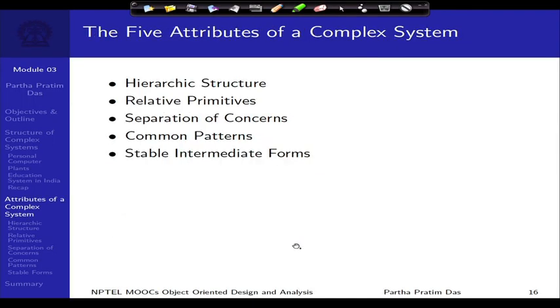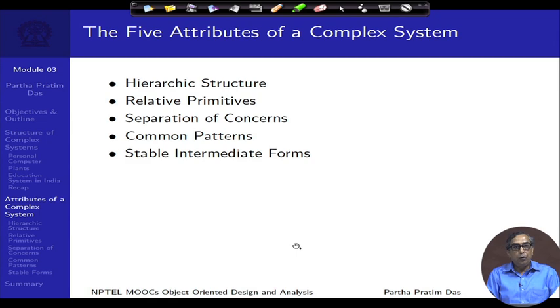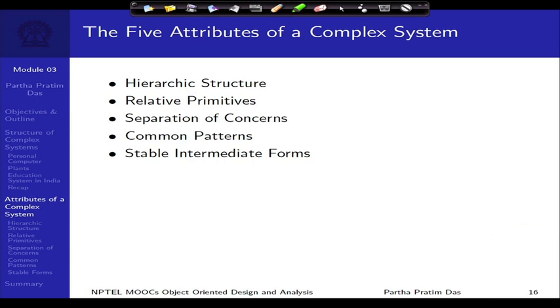With this intention, we go forward to put all these observations in very crisp terms, and this is typically called the 5 attributes of complex systems. Every complex system will have a hierarchic structure, and this hierarchy will terminate in a primitive which is directly defined.